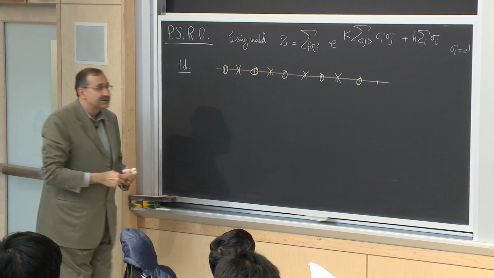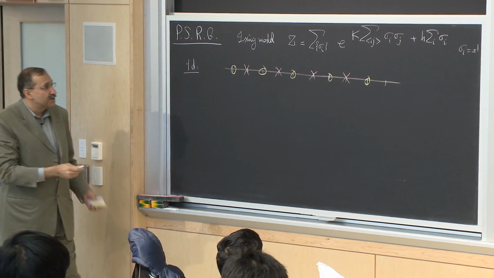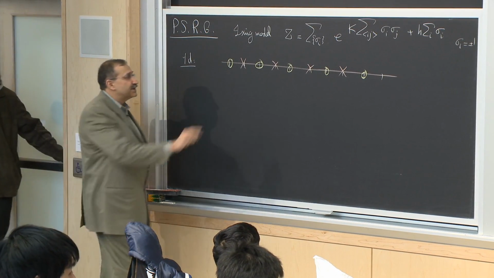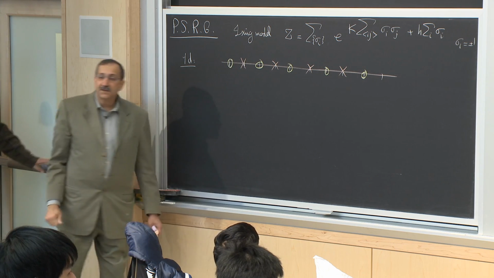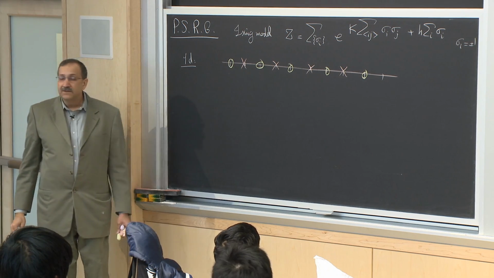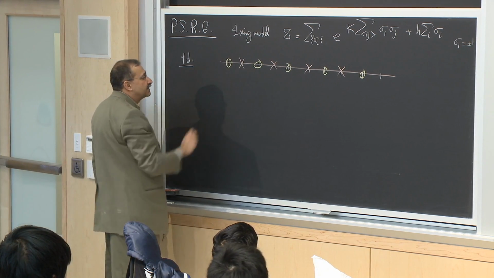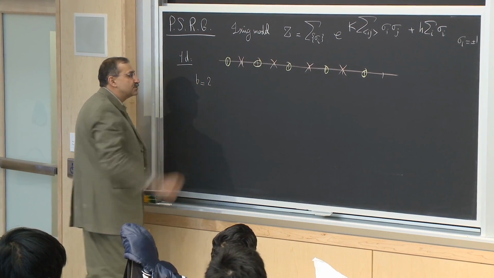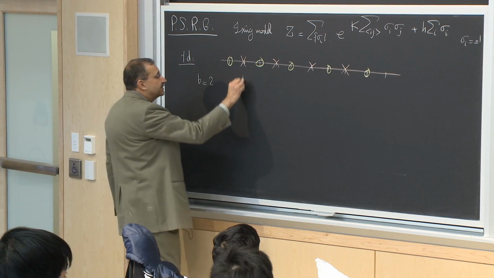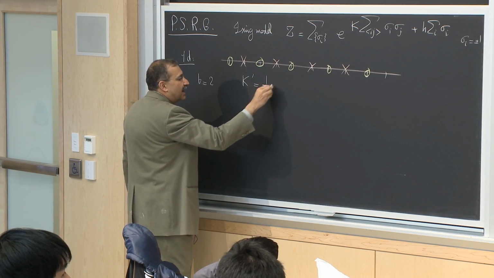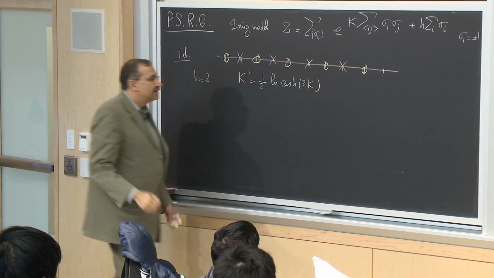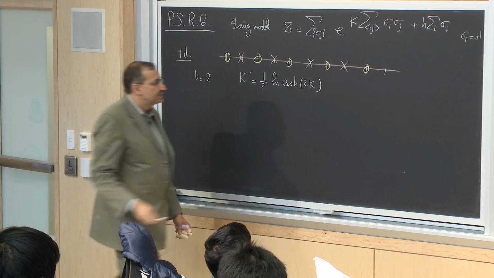If I do that, I get a partition function that operates between the remaining spins. It was very easy to sum over the two variables that the spin in between could have and conclude that after this step, which corresponds to removing half of the degrees of freedom, I get a new interaction k prime, which was 1/2 log hyperbolic cosine of 2k, if h was 0.